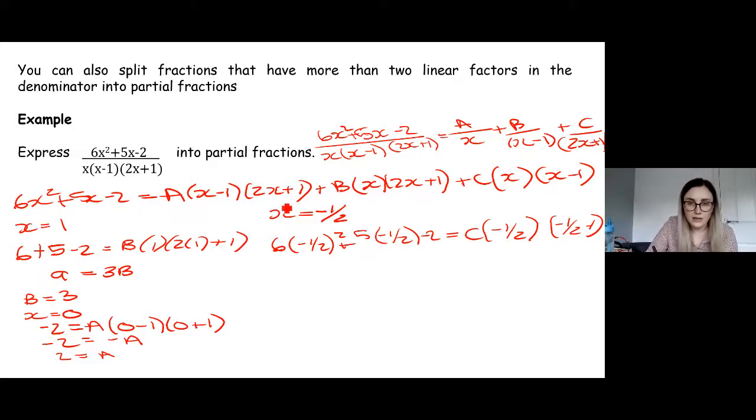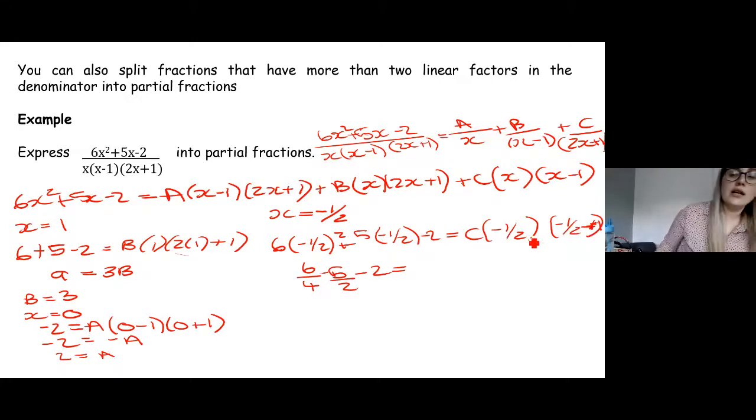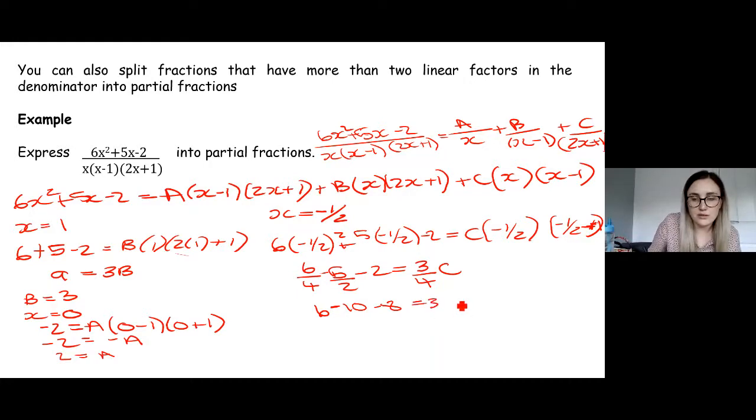Okay, so sorting that one out, that's going to leave us with 6 over 4, minus 5 over 2, minus 2 equals, and then sorting all that out, minus a half minus 1 is minus 3 over 2, times minus a half, so it's going to be positive 3 over 4 C. So multiplying that side out by 4, that's going to give me 6 minus, well, 4 over 2 is 2, 5 times 2 is 10, minus 8 equals 3C.